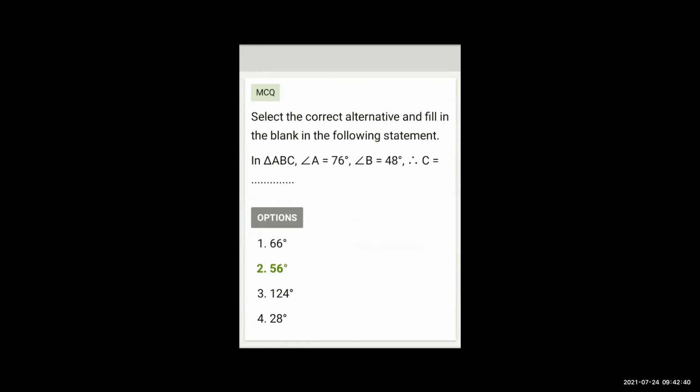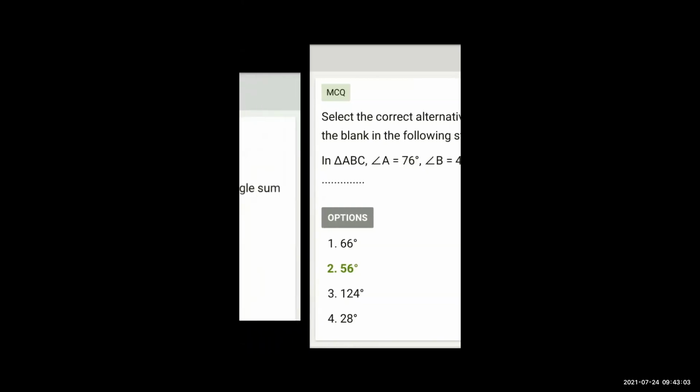Now as it is a triangle, we know the property of triangle that all angles of a triangle measure 180 degree. The sum of the all angle of a triangle is 180 degree. Okay, so if we will write here, the summation of all angle is 180 degree.